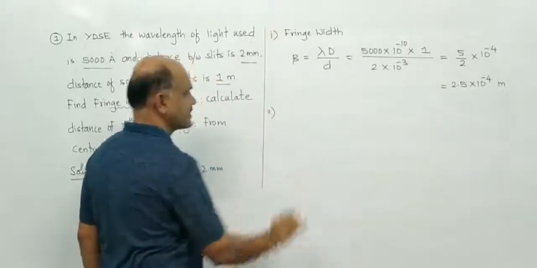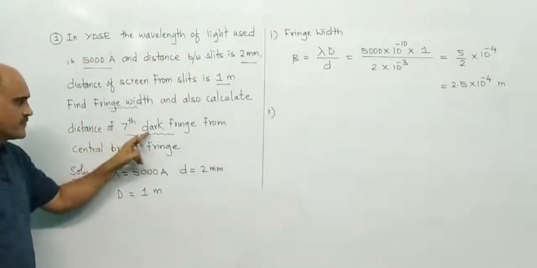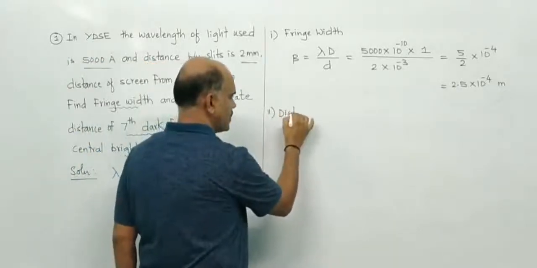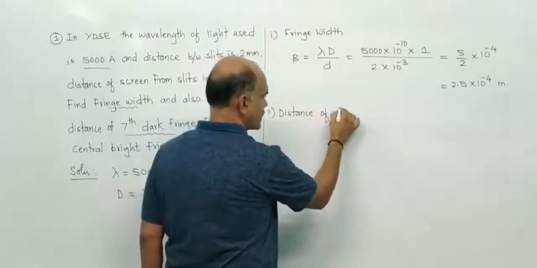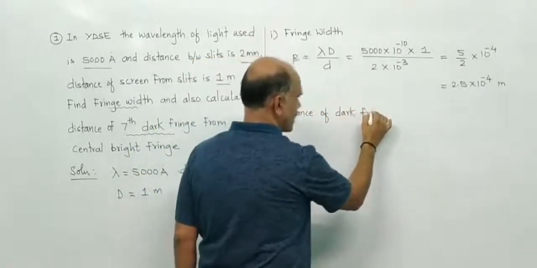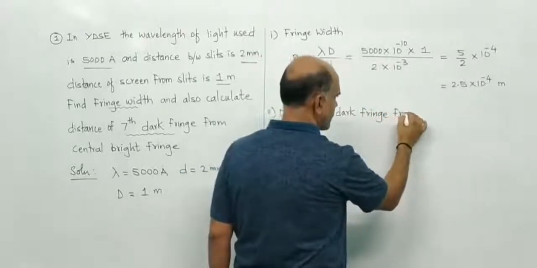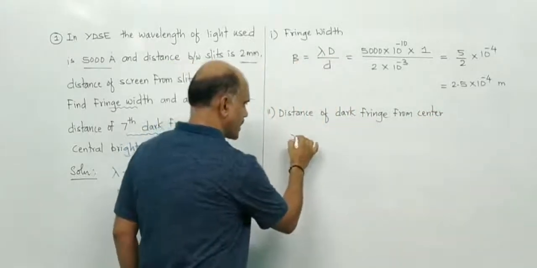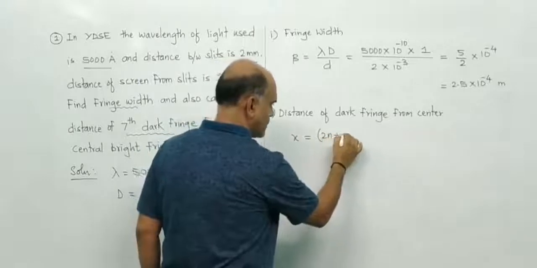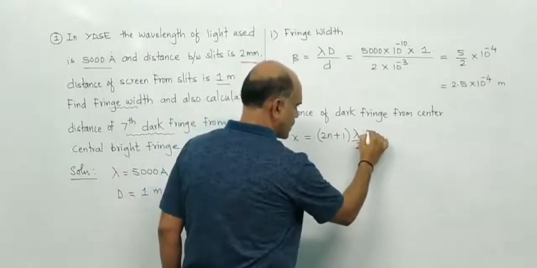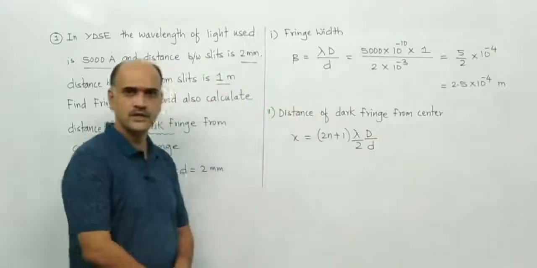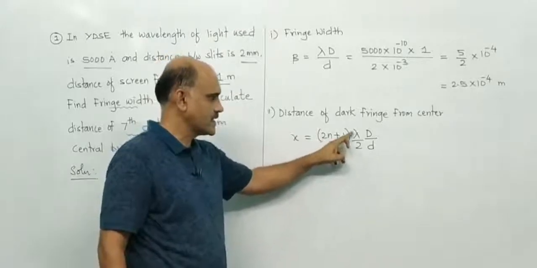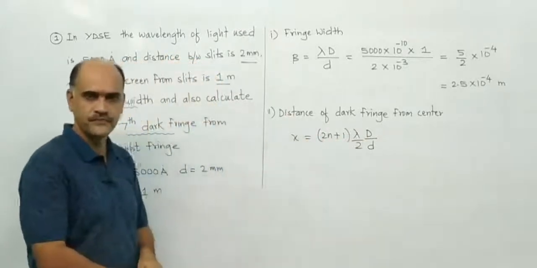Second, the distance of the seventh dark fringe from the central bright. The distance of the dark fringe from the center is given by the formula x is equal to (2n plus 1) lambda by 2 into capital D by small d.